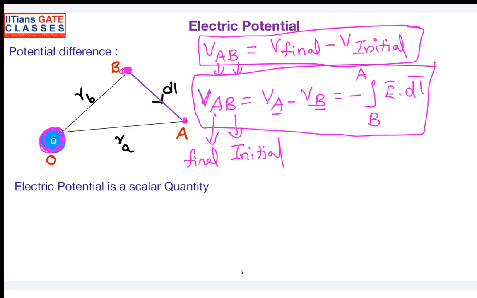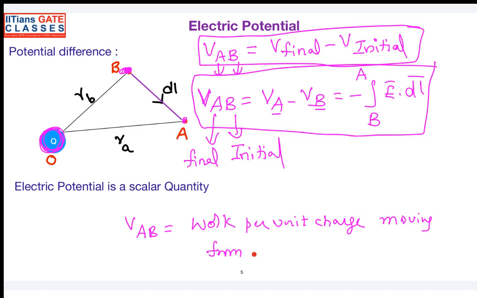So basically VAB is the work per unit charge when moving from point B to point A. This is the actual definition for VAB.